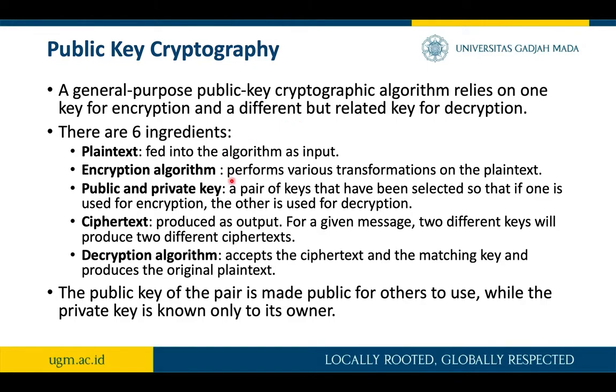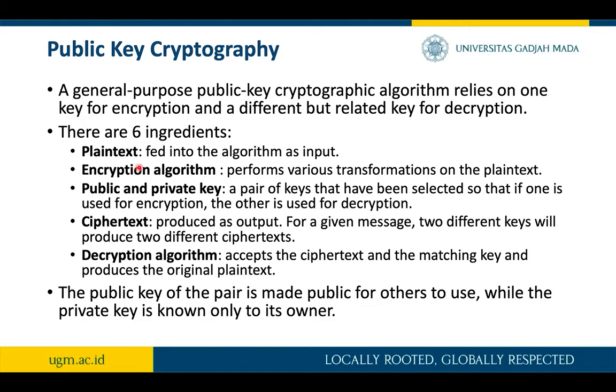There are 6 components of public key cryptography. I think plain text, encryption algorithm, ciphertext and decryption algorithm are also components of symmetric cryptography, but the difference here is that for the keys, we use 2 keys, public key and private key.